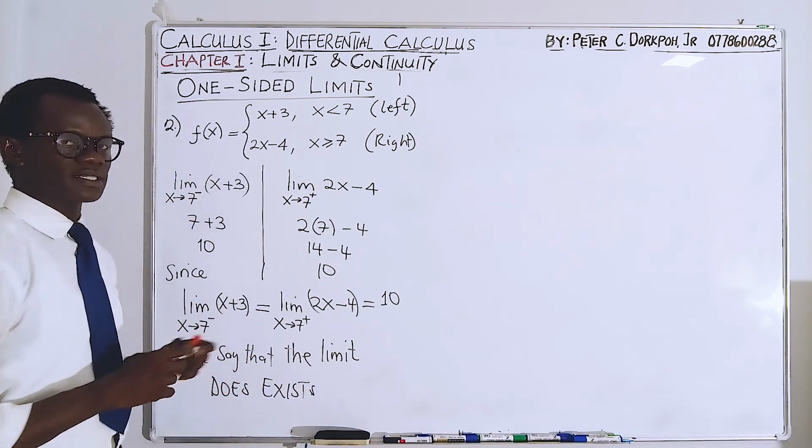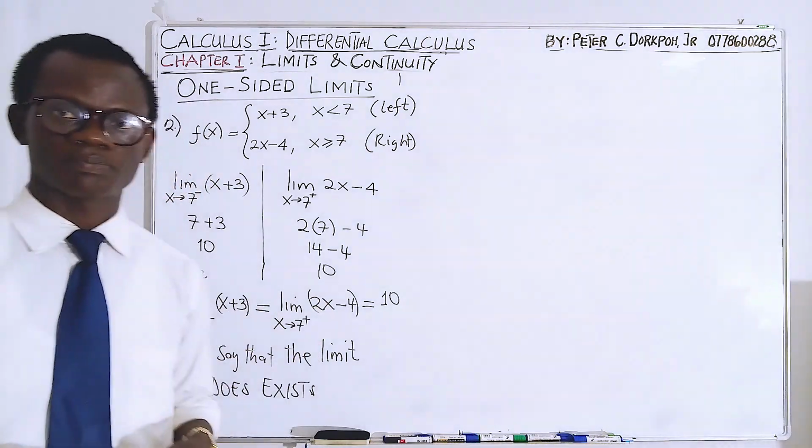So the limit does exist because both values give us 10.